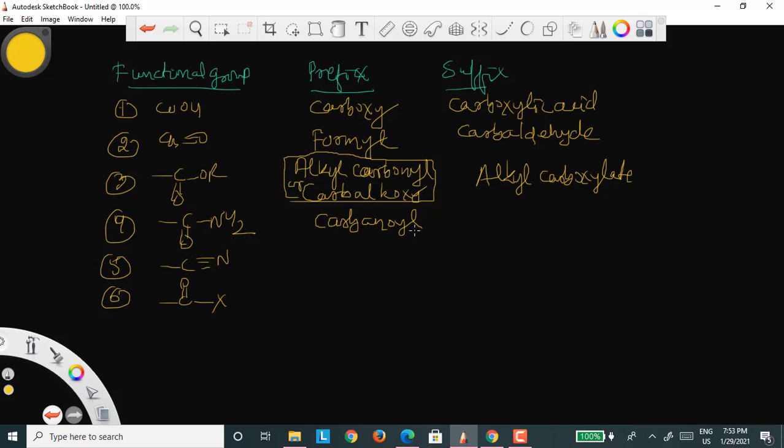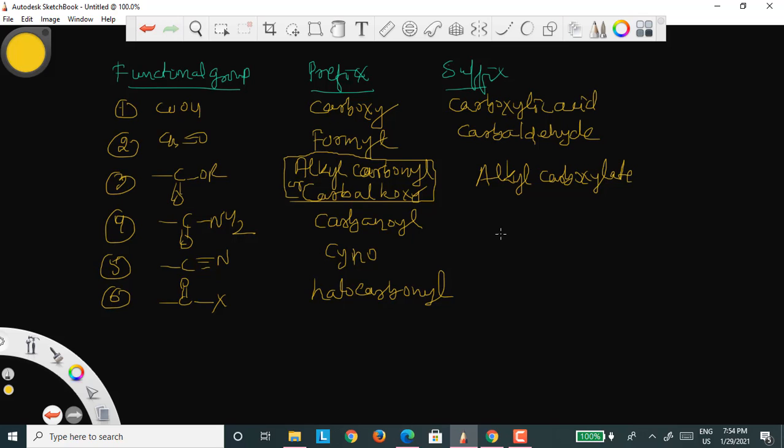So whatever prefix was there, the prefix will be as it is. This was cyano and this was halocarbonyl. But if it is a suffix, the name will be changed.